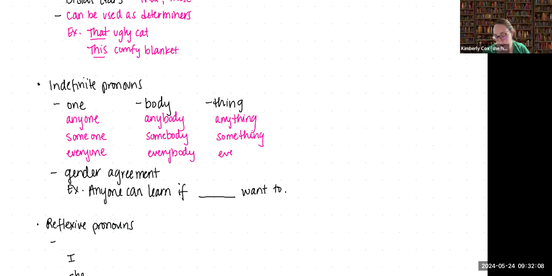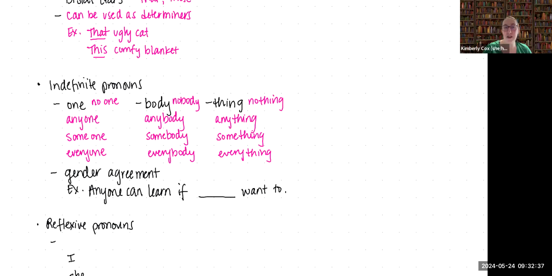Everything. Right? And you can kind of think about how this continues. We might say, for instance, no one, two separate words, nobody, right? Nothing. Okay. So all of these are indefinite pronouns. So the one, body, thing is the way I would tell you to think about that.